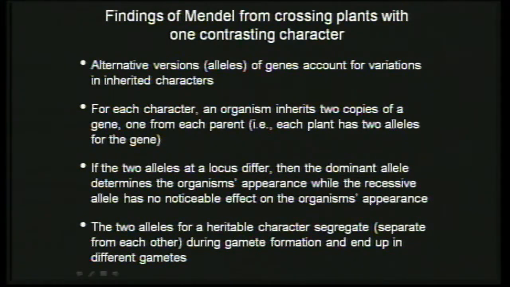Second one, he concluded that for each character, an organism inherits 2 copies of a gene, one from each parent. So as I said, if the hybrid is heterozygous, then the gamete that can be formed is only either the big P or the small p, and when they fuse again, one of those will take another gamete from another parent.